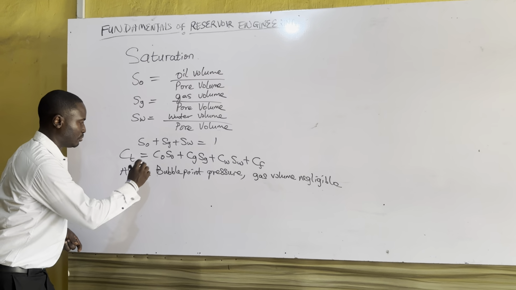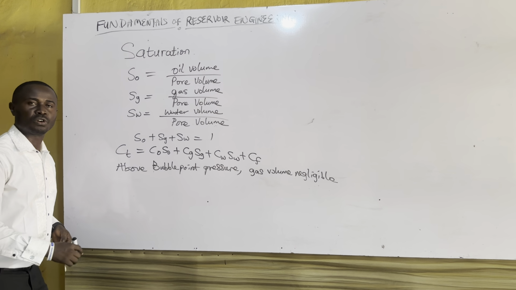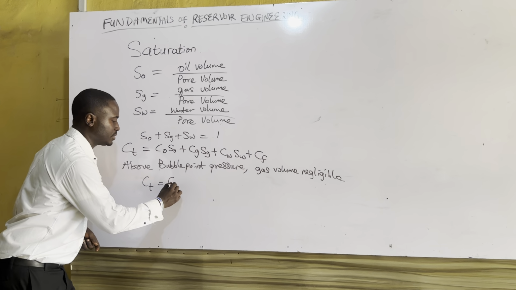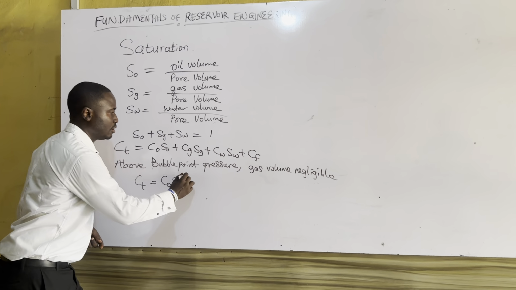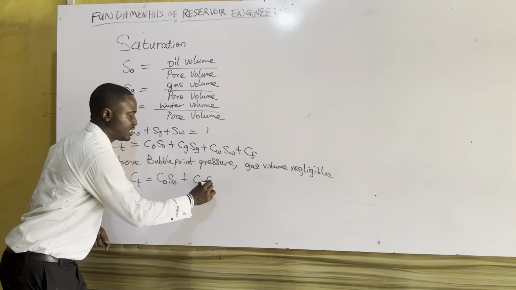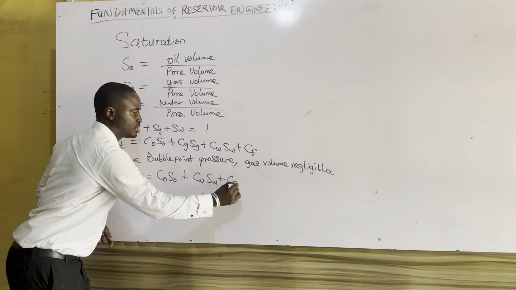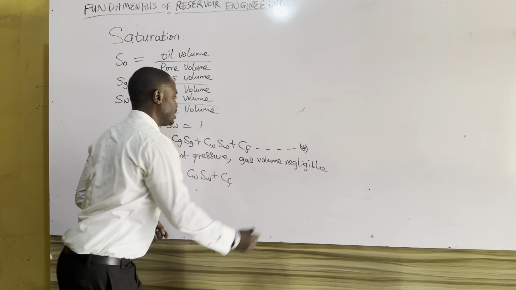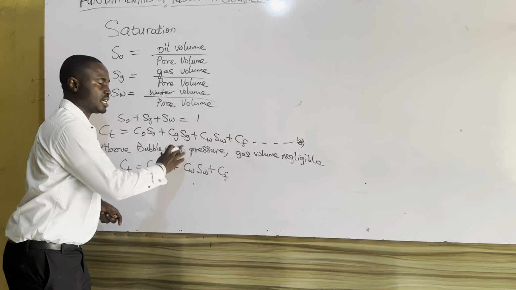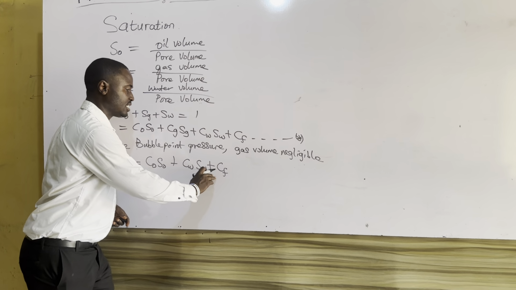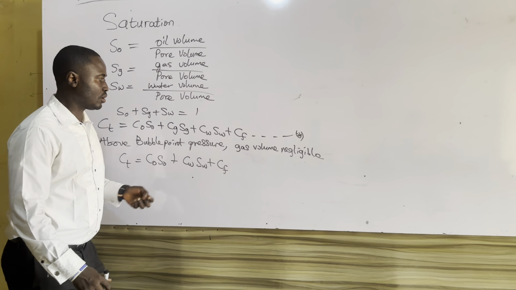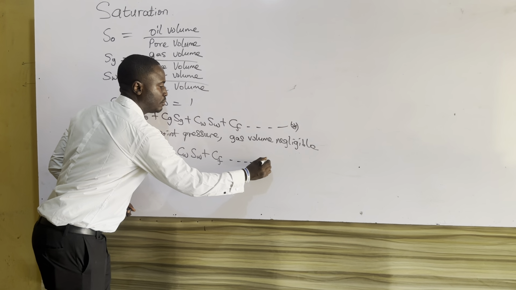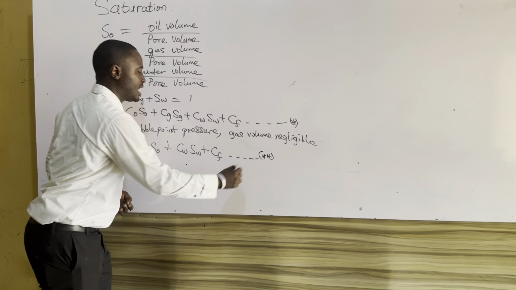And we will have an undersaturation condition where the total compressibility will be equal to the compressibility of oil and the saturation of oil, plus the compressibility of water and the saturation of water, plus the compressibility of the formation. So this equation will automatically change, leaving out the gas compressibility and saturation of gas, giving us this for the above bubble point condition or undersaturated condition. And we have this new equation form which we can use to determine the total compressibility.